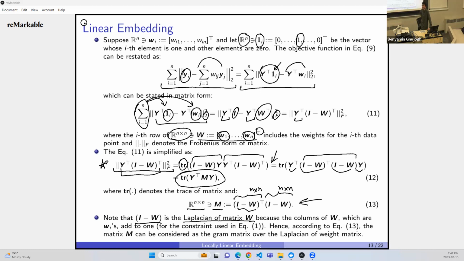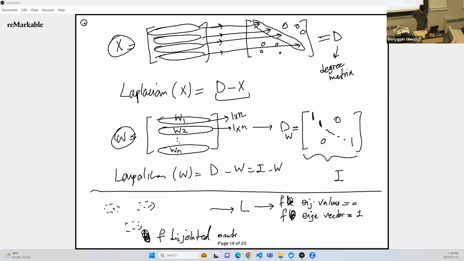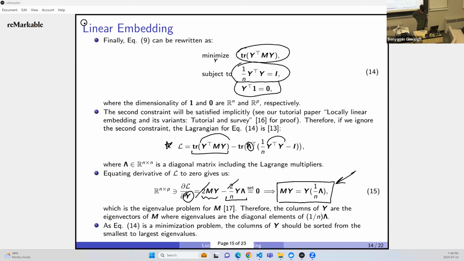Therefore, according to graph theory, I have one zero eigenvalue, and its corresponding eigenvector is 1. Therefore, I should ignore that zero eigenvalue.